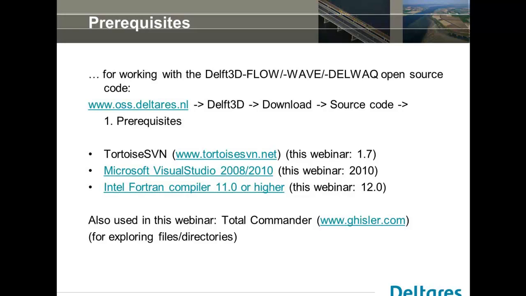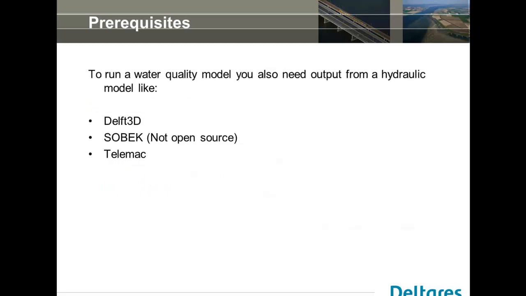We don't have an auto compiler yet currently to compile it on Windows. And we use the Intel Fortran 11 or higher compiler. And what we think is a handy tool is Total Commander. That's a nice alternative for the Windows Explorer, and it's a very crafty tool to manipulate your files.